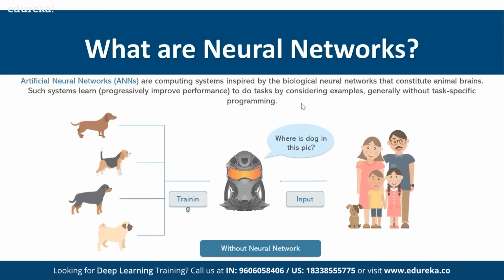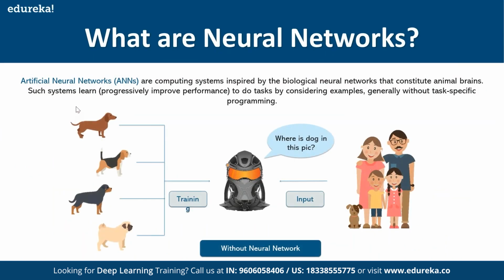So what are neural networks? Like the human brain, we will also train them, like how our mind remembers. If you hear my voice now and next time you hear my voice again, you will be able to identify it. Somewhere your mind is trained to recognize my voice.